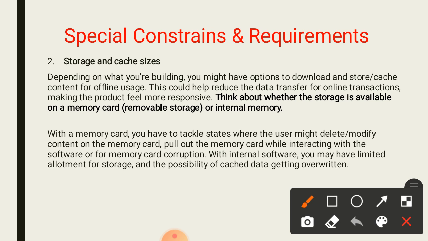With the memory card, you have to tackle the state where the user might delete or modify the content of the memory card. So a big storage will be required for the mobile, and as we are deleting and modifying the memory, there can also be modifications by the users.